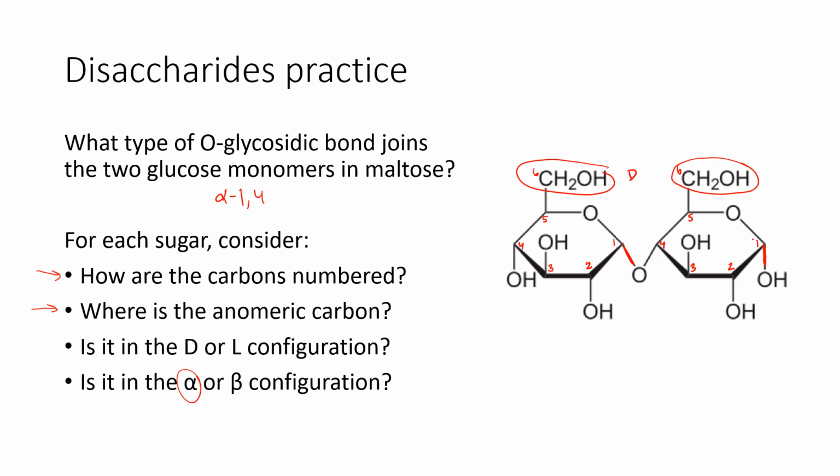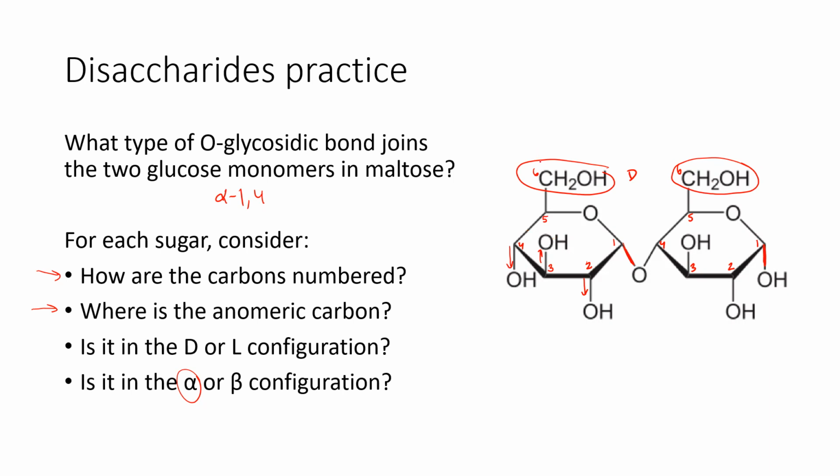One other thing that is good to mention here is how we can identify that these monomers are glucose. We can look at our chiral carbons. When we have glucose, we're always going to have carbon number 2 hydroxyl pointing down, carbon number 3 hydroxyl pointing up, carbon number 4 hydroxyl pointing down.